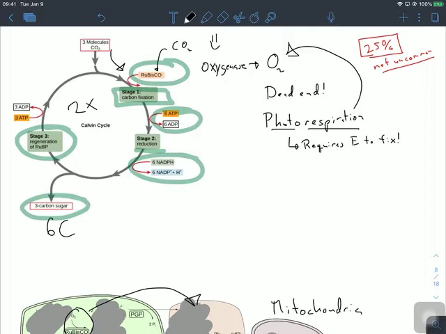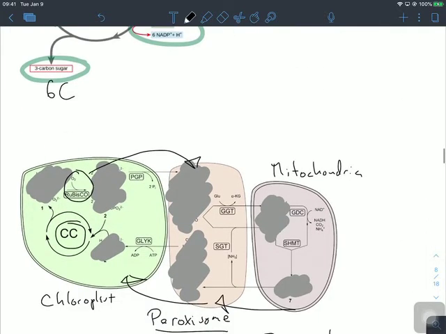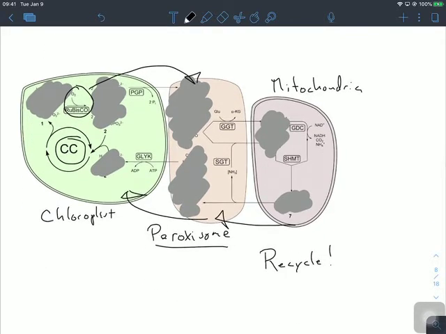If it grabs oxygen, it performs photorespiration, a process that's not uncommon, happening about 25% of the time, and requires a lot of steps and a lot of energy to fix. In addition to a lot of energy, it requires movement between different organelles. You go from the chloroplast to the peroxisome to the mitochondria, back to the peroxisome, back to the chloroplast before you can re-enter the CBB cycle in order to continue to generate sugar energy.